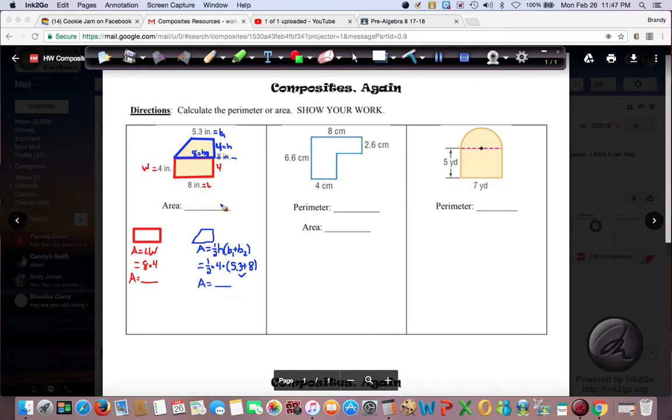To find the total area, you're going to take the area of the rectangle, and you're going to add it to the area of your trapezoid.